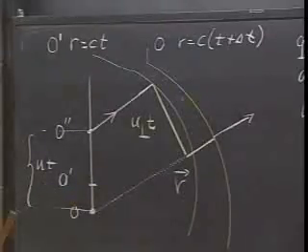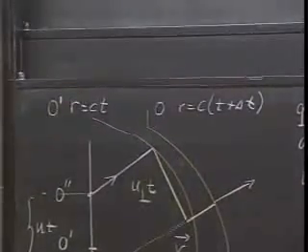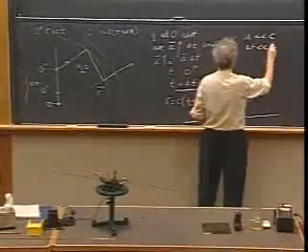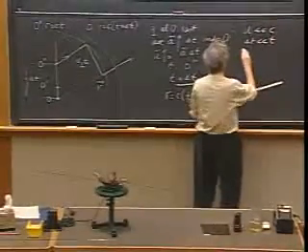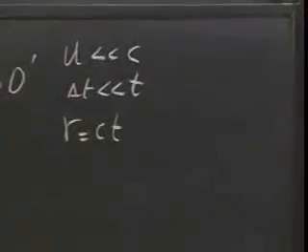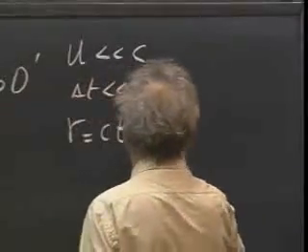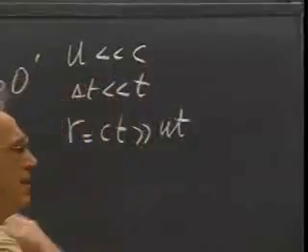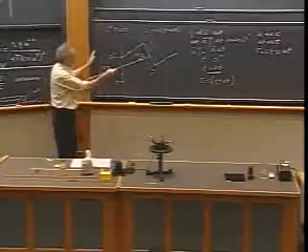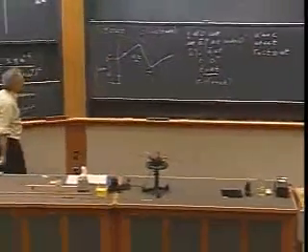I grant you that, but keep in mind, in whatever follows, that u is way, way smaller than c. Delta t is way, way smaller than t. And so r, which is c times t, is way, way larger than ut. So when you see a little distortion in this picture, I cannot, of course, make delta t way, way smaller than t, then you wouldn't see any decent picture.